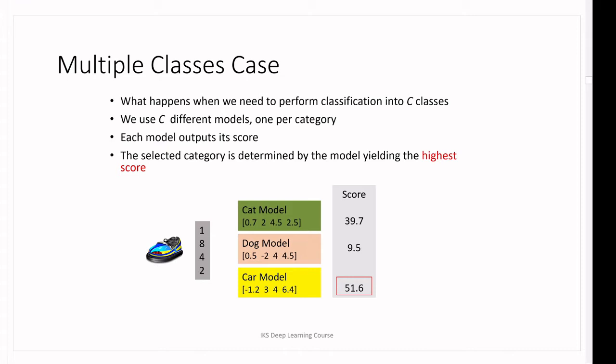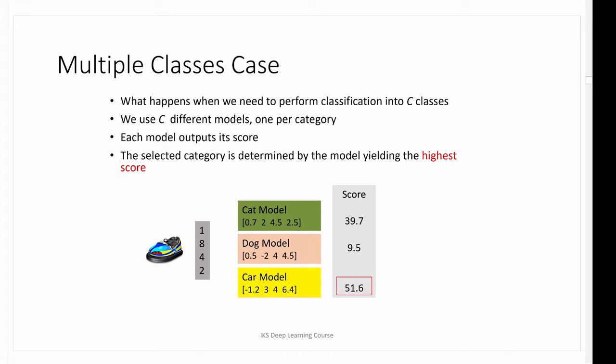And we will have each model produce its output, which is the score W0 plus W transpose X. And then we'll say, all right, we have C scores because there are C classes, and we will decide in favor of that class whose score is highest.